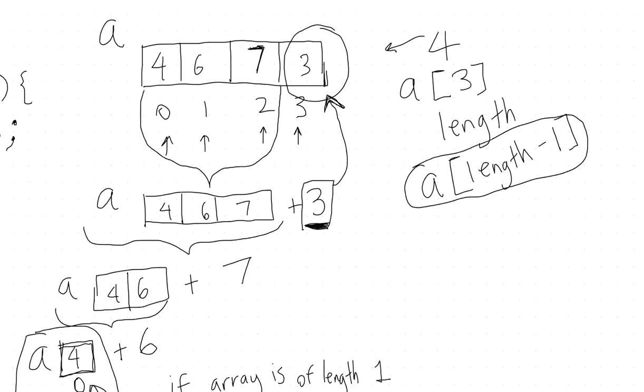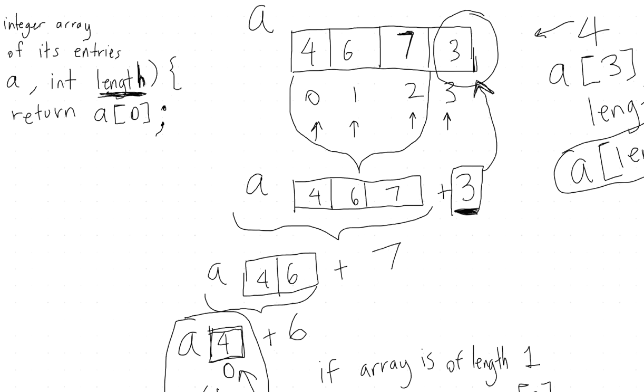Now let's look at what this is. This is actually just the same array, but instead we're cutting off the last index. So we're going to be using the same array. We're just telling the function only look at these entries. So these entries are 0 to 2, or it's also an array of length 3.